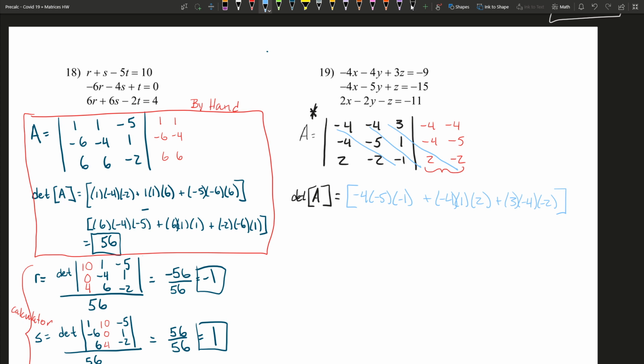So then we get what's in blue. And then we have to subtract that from the diagonals in the opposite direction.